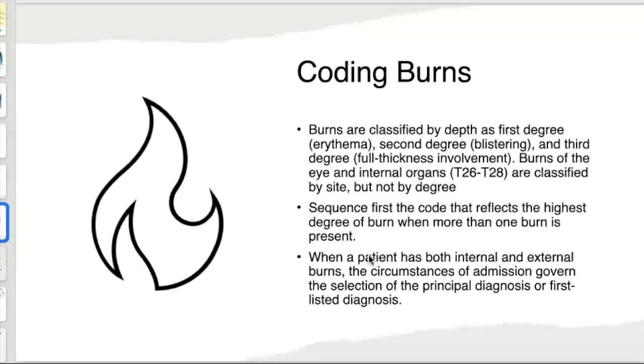What else? It says here, when a patient has both internal and external burns, the circumstances of admission govern the selection of the principal diagnosis or first listed diagnosis. So what does that mean, guys? I have not seen a case like this yet, because usually when you work in a trauma hospital, especially in the burn unit, this is where you're going to see these types of cases.